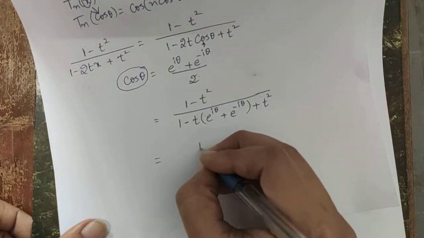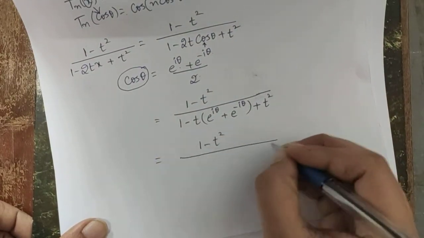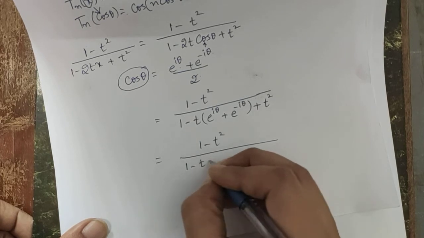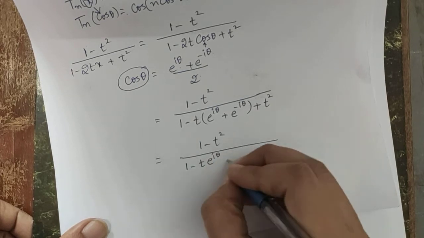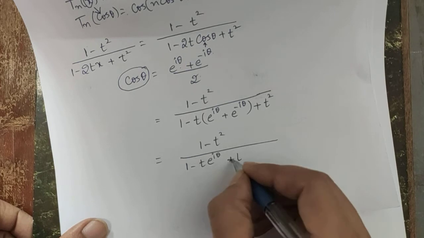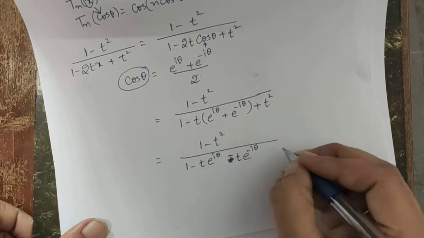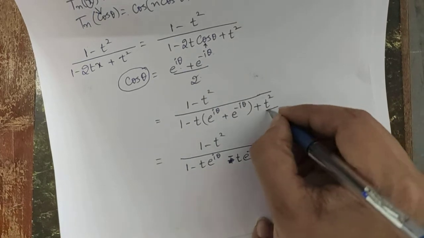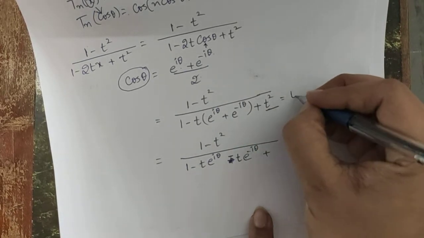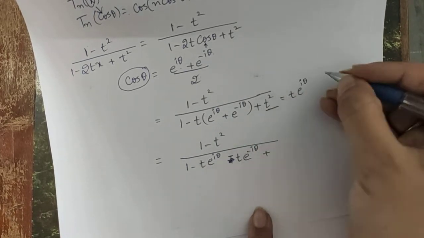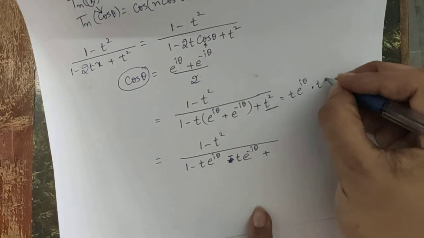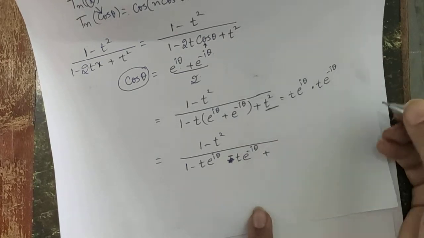So this is nothing but (1 minus t square) whole divided by 1 minus t into e power i theta, plus, sorry, this is also minus t into e power minus i theta, plus I can write this t square as t into e power i theta into t into e power minus i theta.